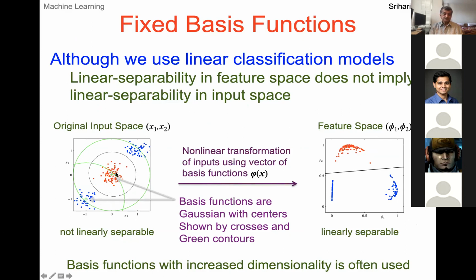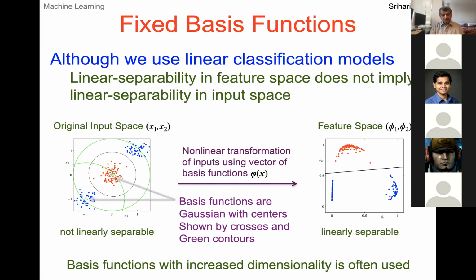The original input space maybe had these red points like this, blue points on either side. So it's not linearly separable. I cannot draw a line that gives me blues and reds nicely separated. If I draw a circle around the red, that will be good. Falls inside the circle, it is red. Outside the circle, it is blue. I can do something like that.